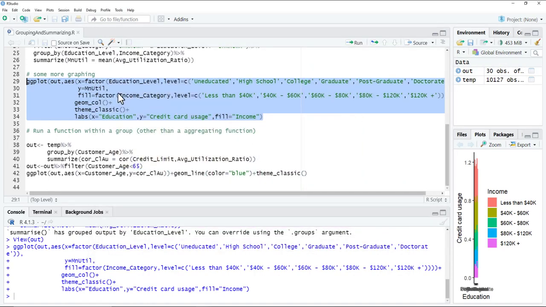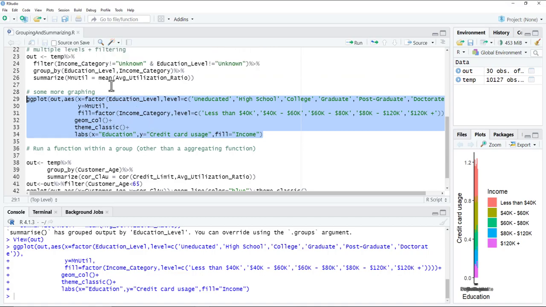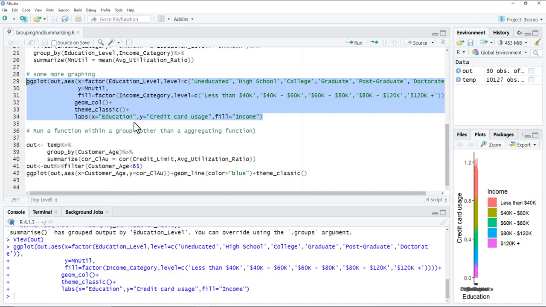Then we might also want to use a function within a group rather than just do these summary functions. So here I'm going to do the correlation, something I thought might be interesting: how much the utilization of the credit varies with the credit limit. So if you have a higher credit limit, do you use more or less of the amount of your credit available?